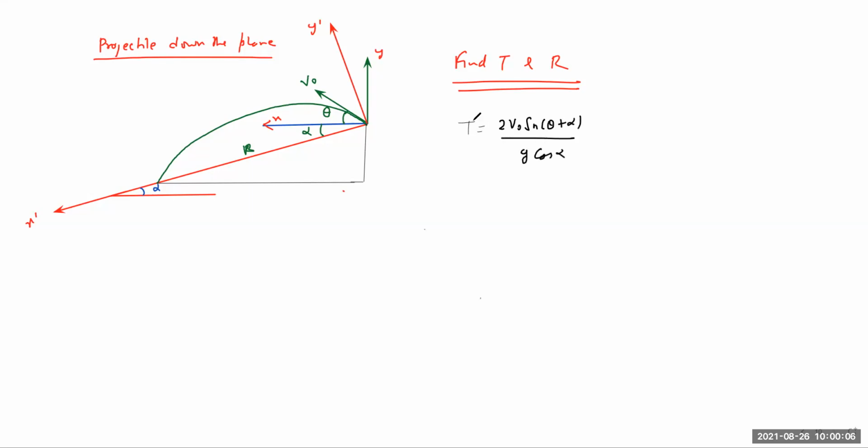Yeah, that's right. Find the range, all of you.